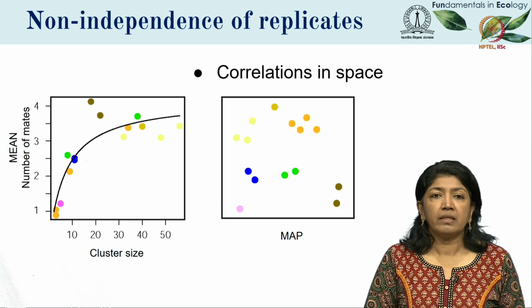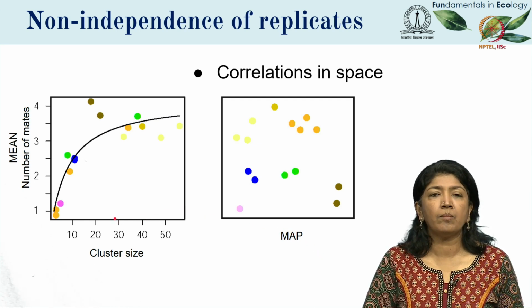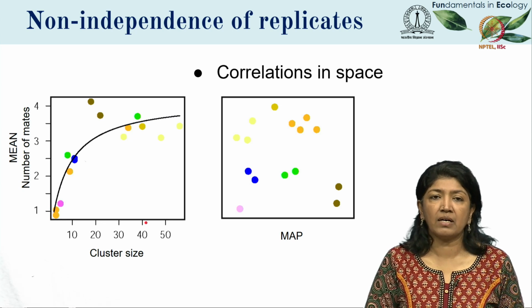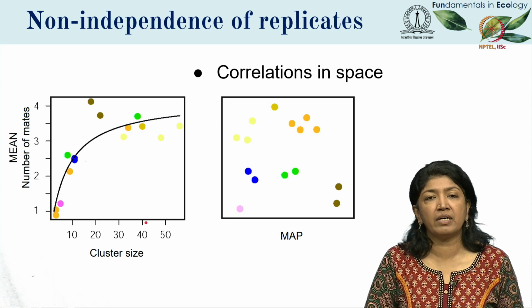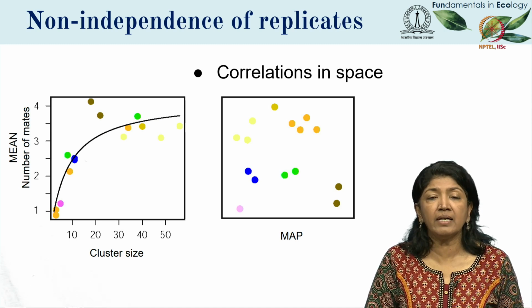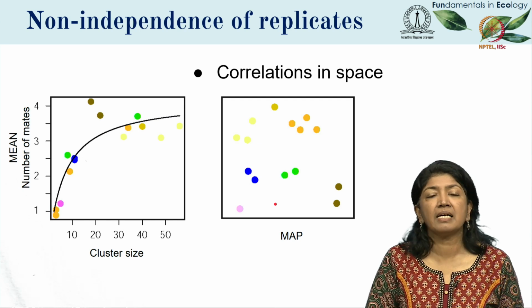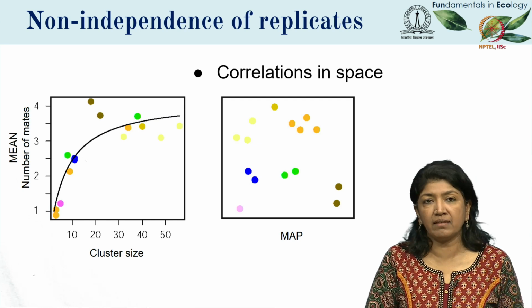So, this is the same figure as before, looking at how male mating success varies across cluster size, across clusters with different numbers of males, and what I have done here is color code clusters based on their location. So, this is a cartoon map that shows the locations of these clusters, and you can see that some clusters are closer to each other than others.